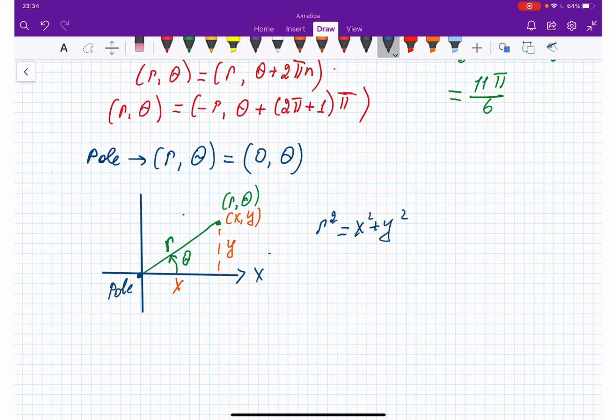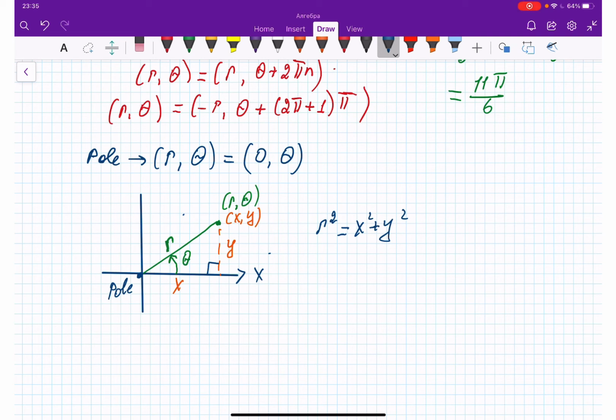Let me give better reasoning for this. This y is perpendicular to our x-axis, which means it creates a triangle with a right angle. And using the Pythagorean theorem, we can say that the square of the hypotenuse is equal to the sum of the squares of the legs, correct?